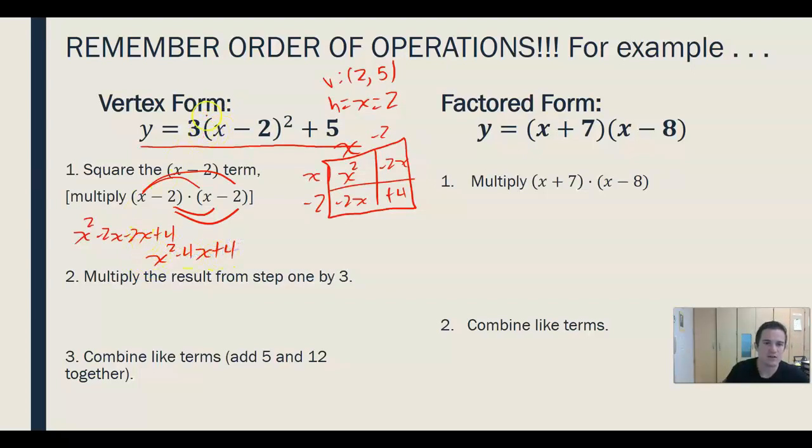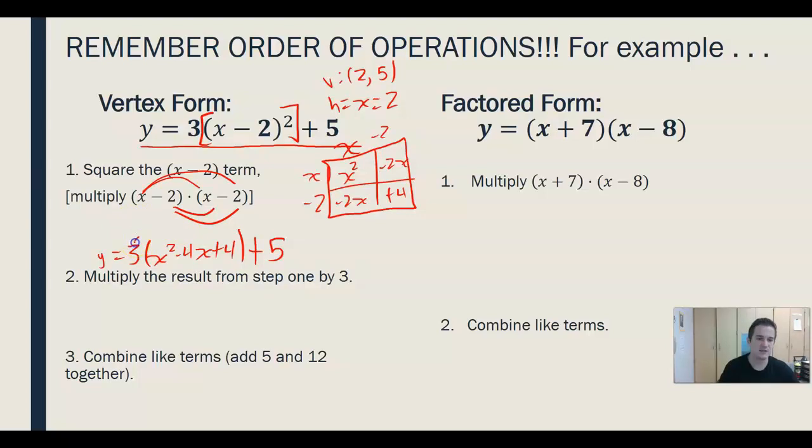Okay, so that was this (x minus 2) squared term right here. So I'm just going to write the rest of my equation here. I have y equals 3 times that, which was (x minus 2) squared, plus 5. Okay, I'm not quite in standard form yet. I still have some things to multiply together.